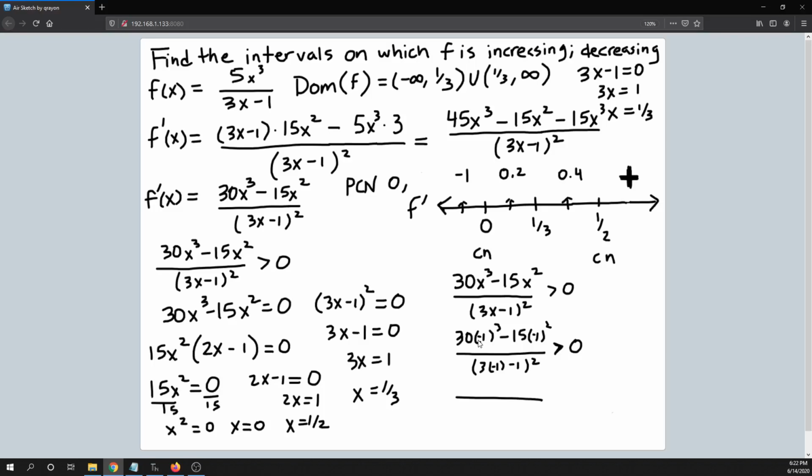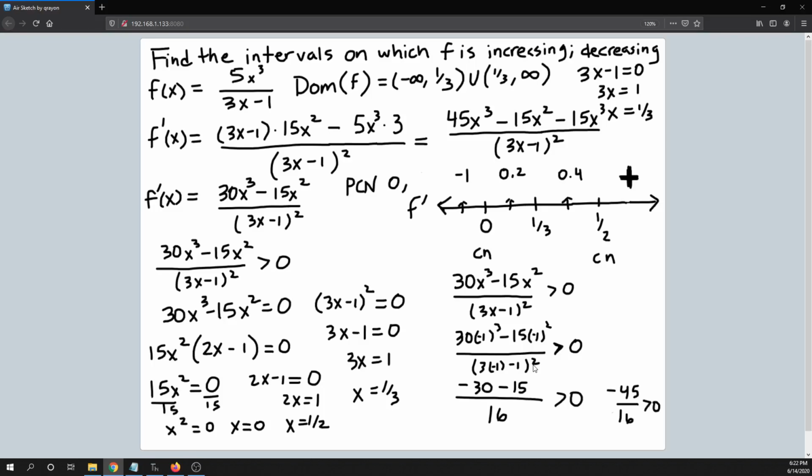Negative 1 times 30 is negative 30. Here I have negative 1 squared, so that will be a positive 1, and a positive 1 times a negative 15 is a negative 15. And then here I have 3 times negative 1, that's going to be a negative 3. Negative 3 minus 1 is a negative 4. And negative 4 squared is a positive 16. All right, and so simplifying that out, I get a negative 45 on top and a 16 on the bottom.